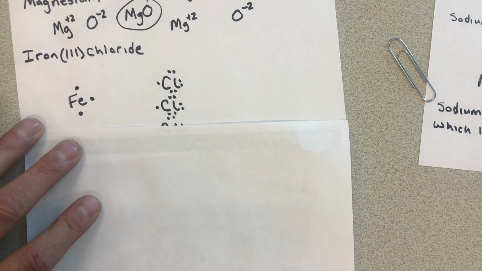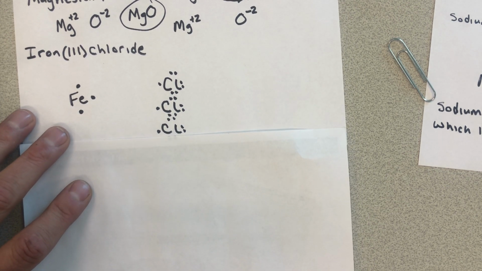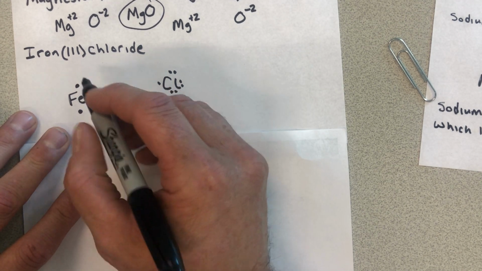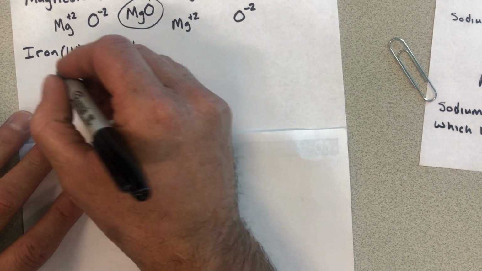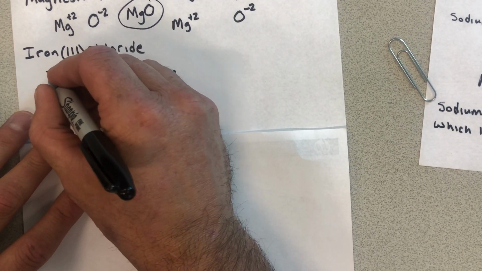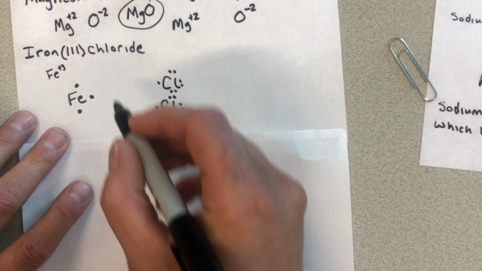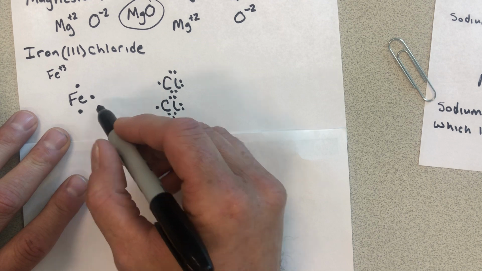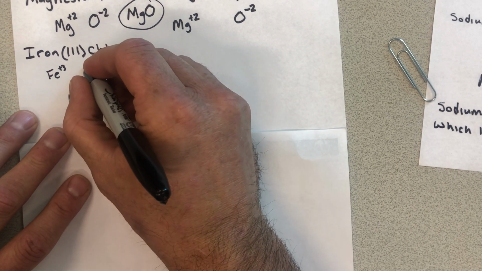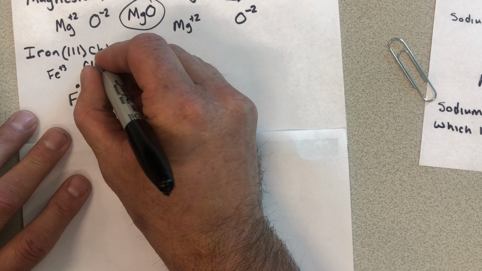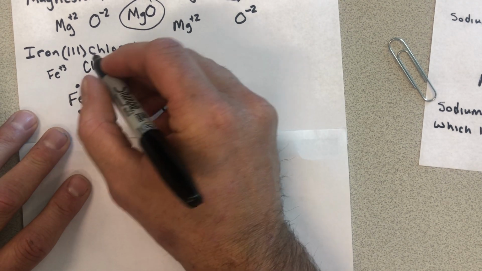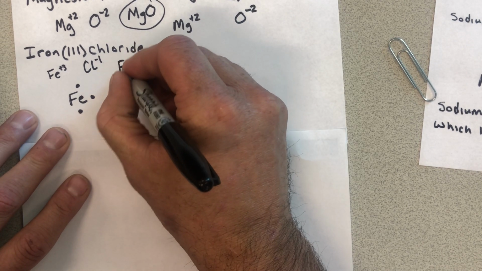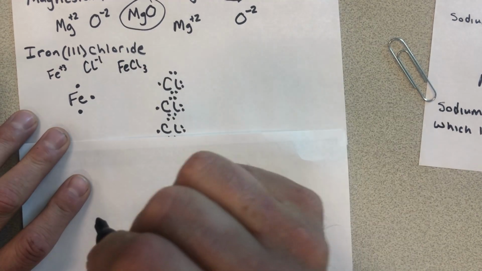Iron(III) chloride. So as we know, this Roman numeral is representing the oxidation state of iron in this particular ion. So this is Fe+3. And that means that iron in its valence level has 3 electrons to lose. And we know that chlorine has a -1 oxidation state. And so we have to do the cross rule to come up with our formula, FeCl3, right?